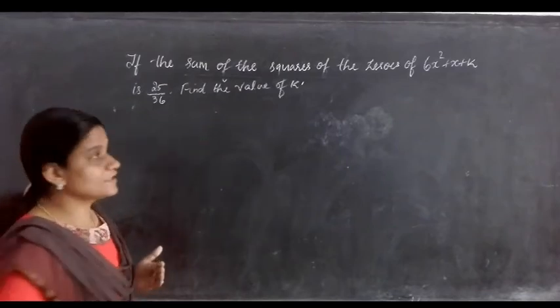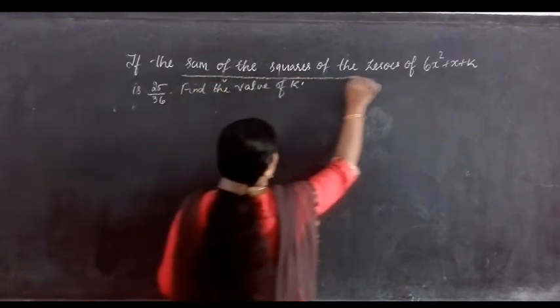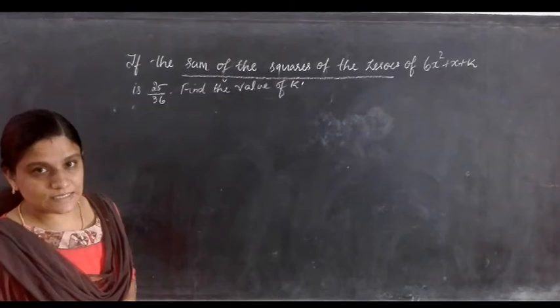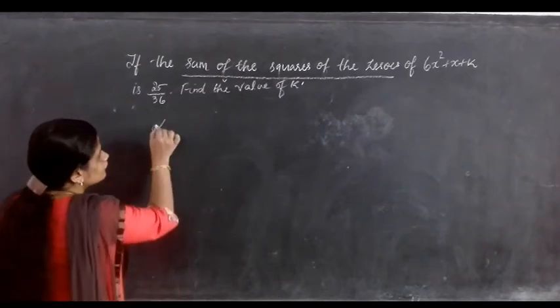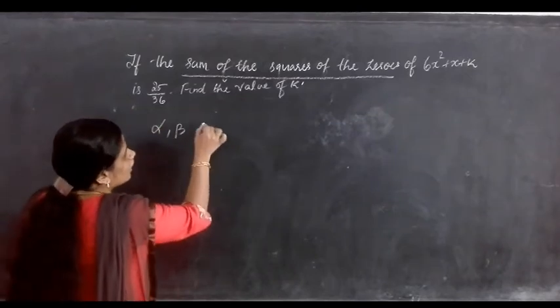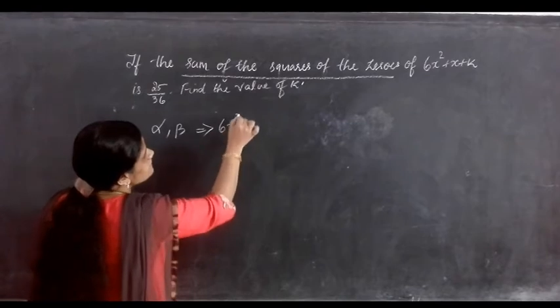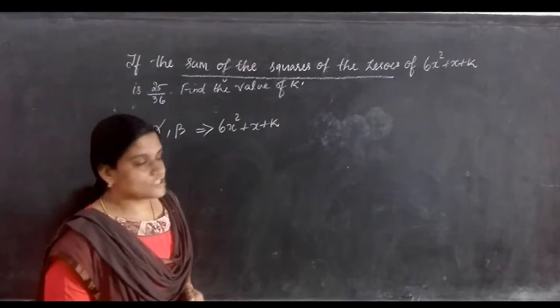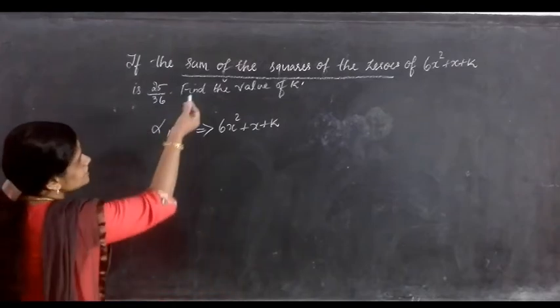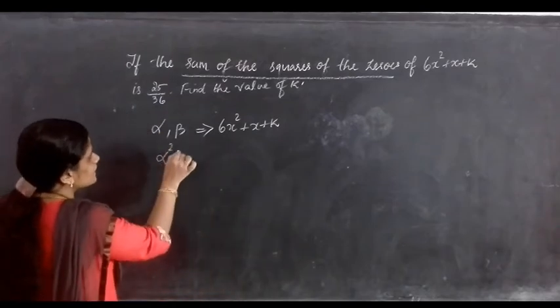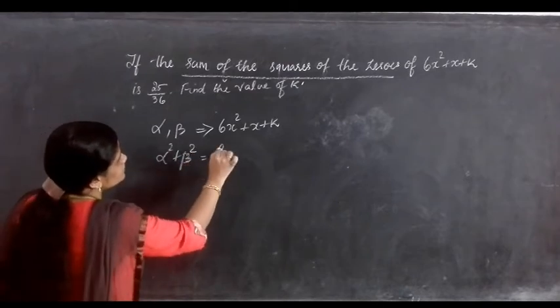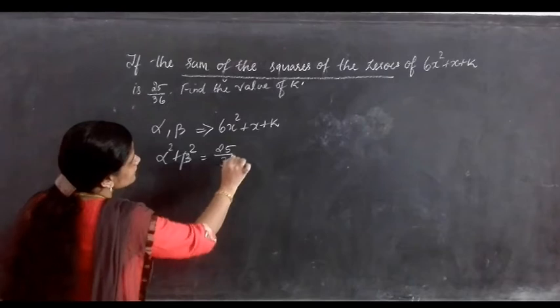For that a condition is given to us, that is the sum of the squares of the zeros is 25 by 36. So let alpha and beta be the zeros of the given polynomial 6x square plus x plus k. Okay children. Now the condition given to us is alpha square plus beta square is equal to 25 by 36.